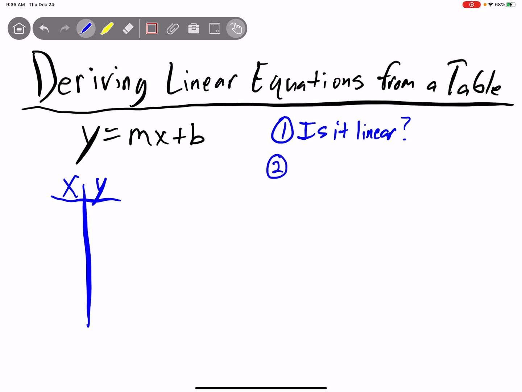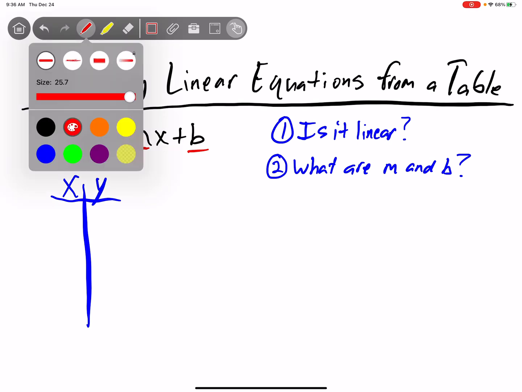And then after you figure out if it's linear, then you need to figure out the values of m and b. Remember, when we have y equals mx plus b, we need to figure out the values of m and b. All of the x's and y's in the table are going to represent the x and y in the equation.